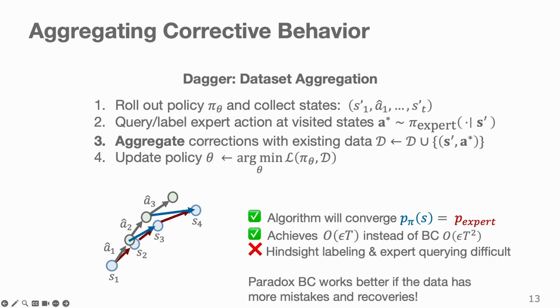And we don't throw away the old data, we simply add these new corrective state-action pairs to our existing data set, D. And then we update our policy on this new augmented data set and repeat the process iteratively. And it can be shown mathematically that this will converge to the distribution of states that the policy actually sees, breaking this quadratic error growth.